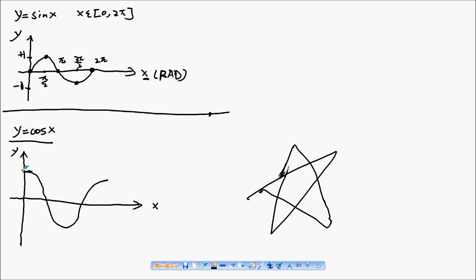What you need to remember is that cosine of 0 is 1, and your ending point is 2 pi, the domain is x belongs to from 0 to 2 pi.